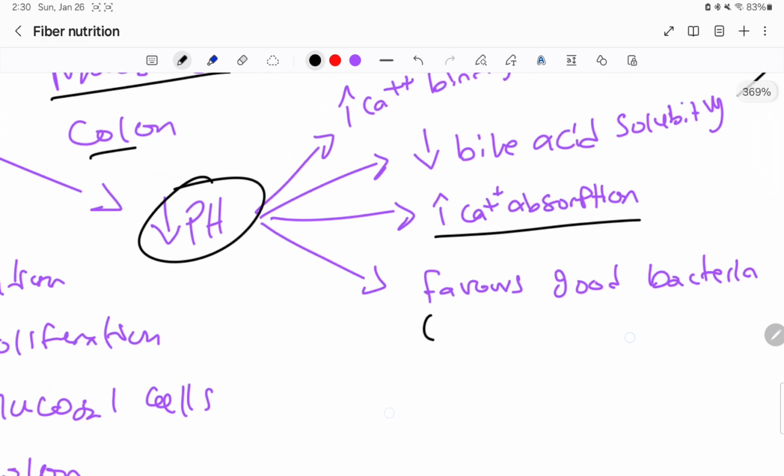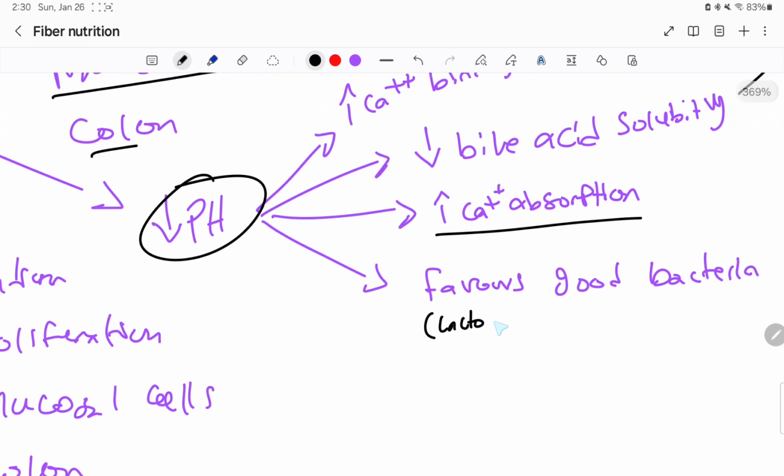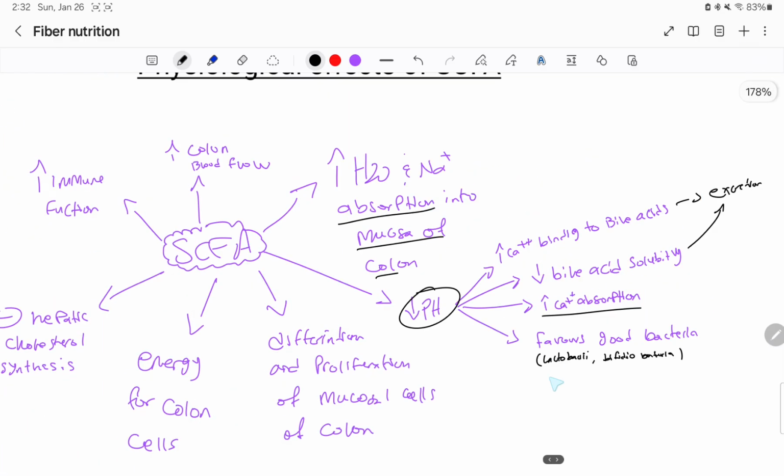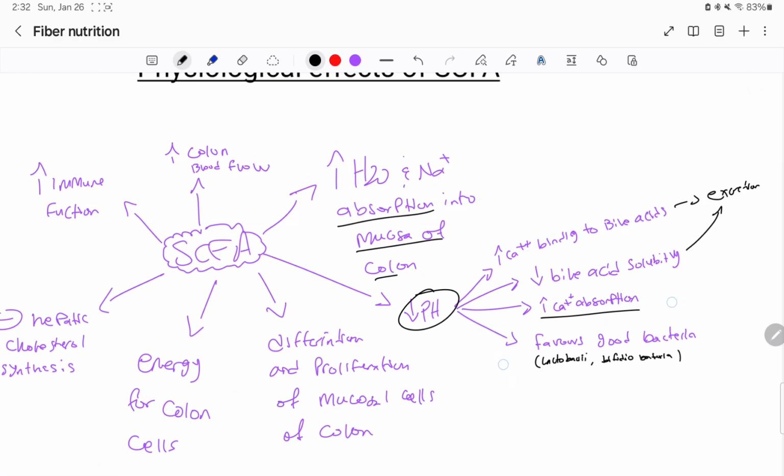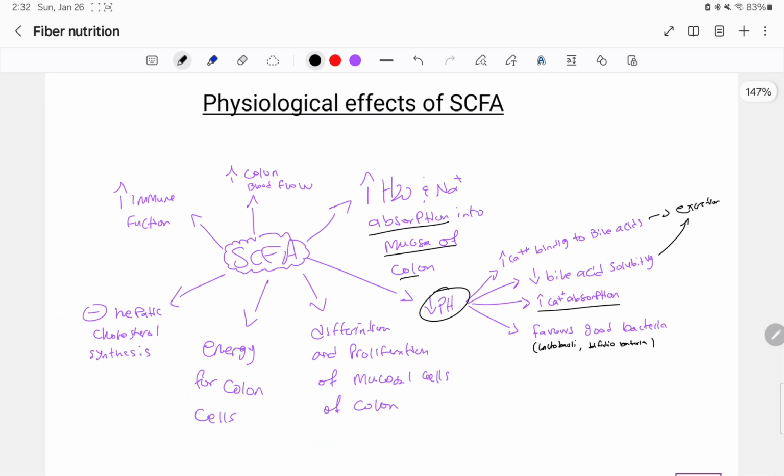So some of the good bacteria in your gut include the lactobacilli, and of course the bifidobacteria. Cool. And by the by, soluble fibers, because they're able to be fermented and form these short chain fatty acids, they can actually qualify as being prebiotics. Okay, so they promote the growth of good bacteria, again, like these lactobacilli and the bifidobacteria.